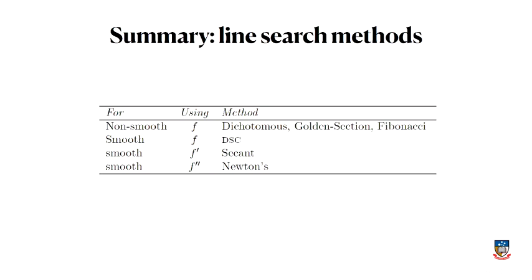If I happen to know the second derivative, so my function f has to be smooth there, then I can use Newton's method, which is sort of the king of all of these. It's the fastest, that order 2 convergence is actually quite fast. So that's it for line search methods. There's a variety of things to choose from, and they're really useful tools.